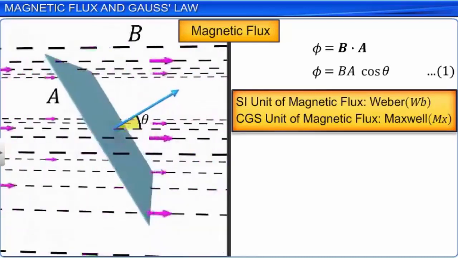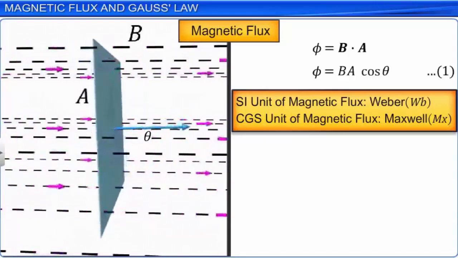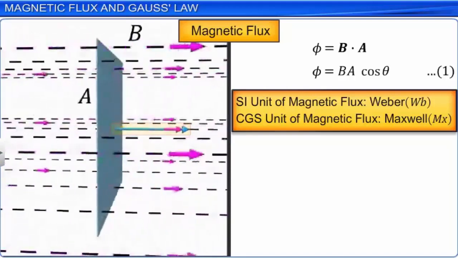Maximum magnetic flux passes through a given area when the area vector and the magnetic field are in the same direction. That is, the angle between the plane of the given area and the magnetic field is 90 degrees. The angle between the area vector and the magnetic field, theta, is equal to 0 degrees. Cos 0 degrees is equal to 1.